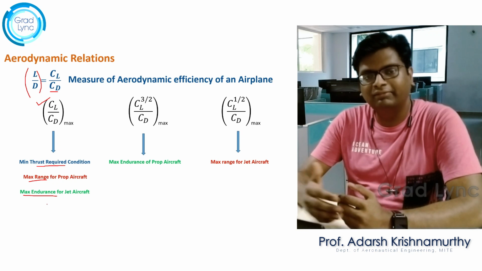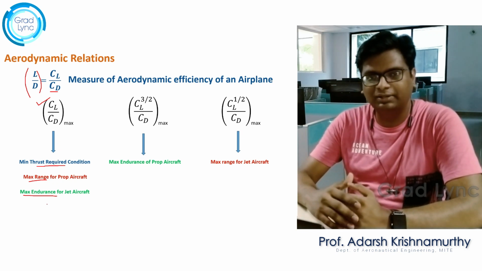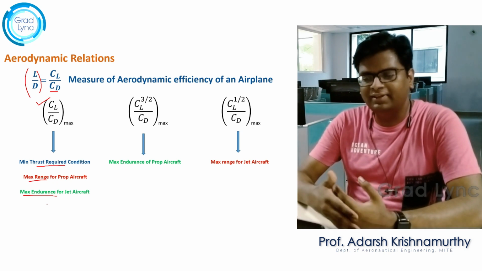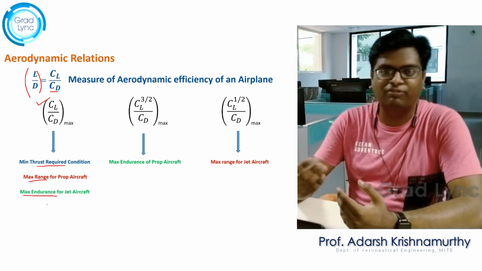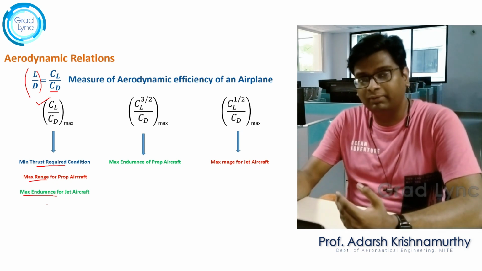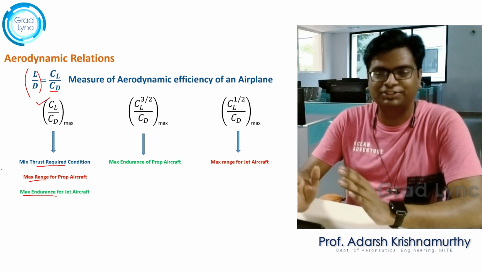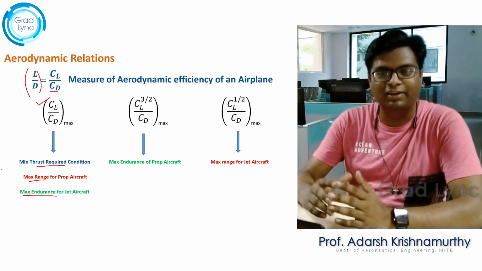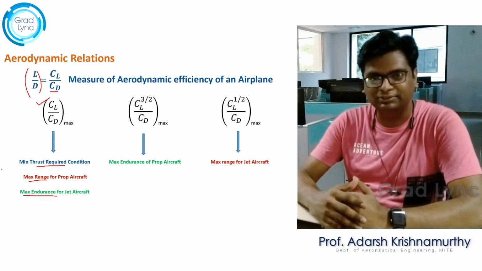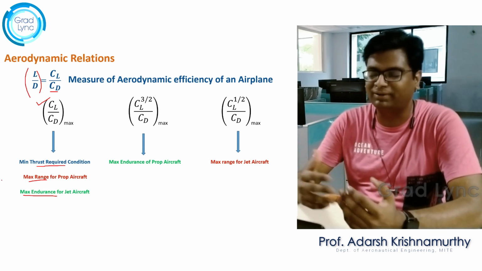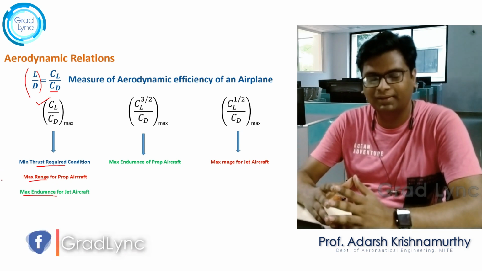So we will understand when we do the range and endurance analysis. But we have already done the analysis of thrust required and thrust available and minimum thrust required conditions. So there we understood that the thrust required is minimum when CL by CD is maximum. So one condition we have already proved and we understood its importance in performance analysis.